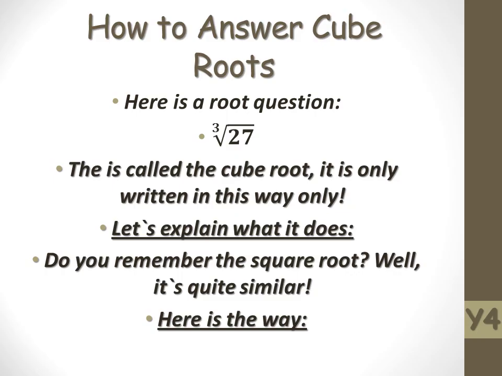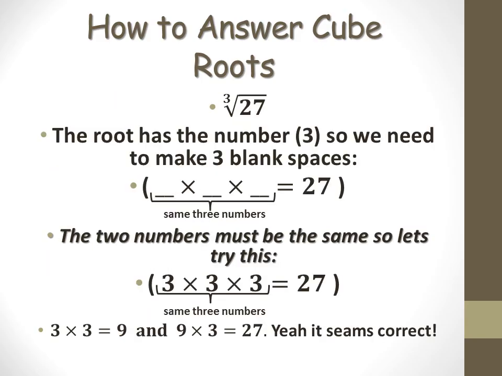Do you remember the square root? Well, it's very similar. Here's the way you can do it. First, do you remember in the square root, the number under the root is in the answer? Here, 27 is in the answer. This is the same. The number above the root will be the number of spaces. So the number is what? 3. 3 spaces with a multiply symbol between them, and the 3 spaces must have the same 3 numbers.